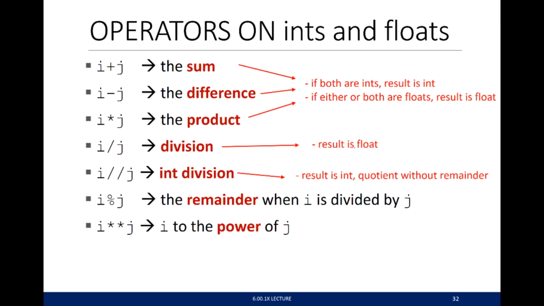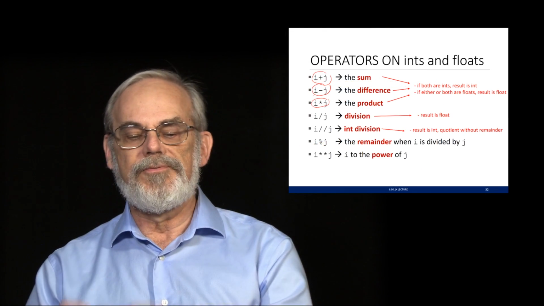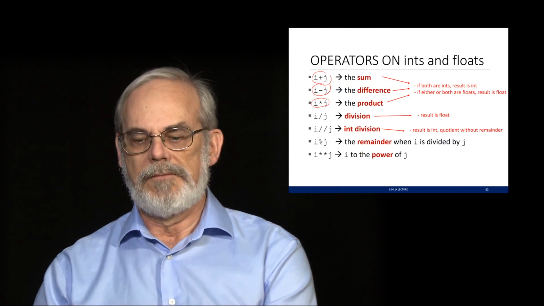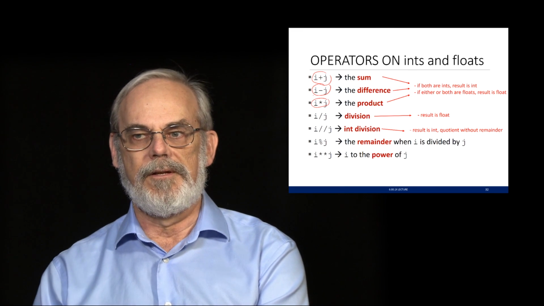If I want to add together either 2 ints or 2 floats, my expression is to have 2 numbers, as I just did, 3 plus 2. The value associated with that is the combination of adding the 2 things together. I can subtract, I can multiply. And for these examples, if both i and j are ints, the result is an int.